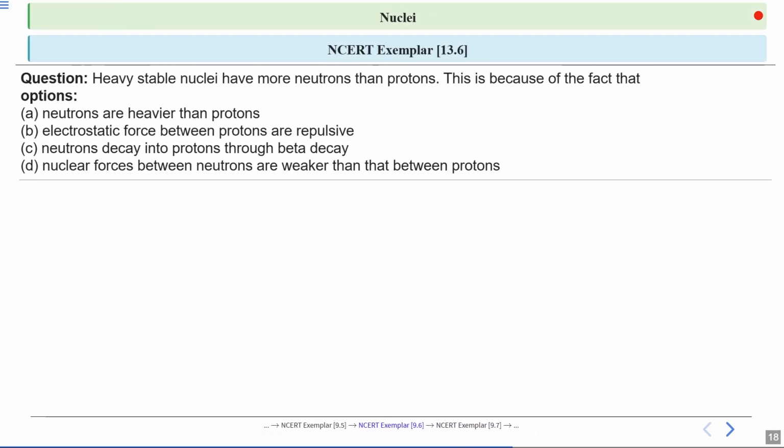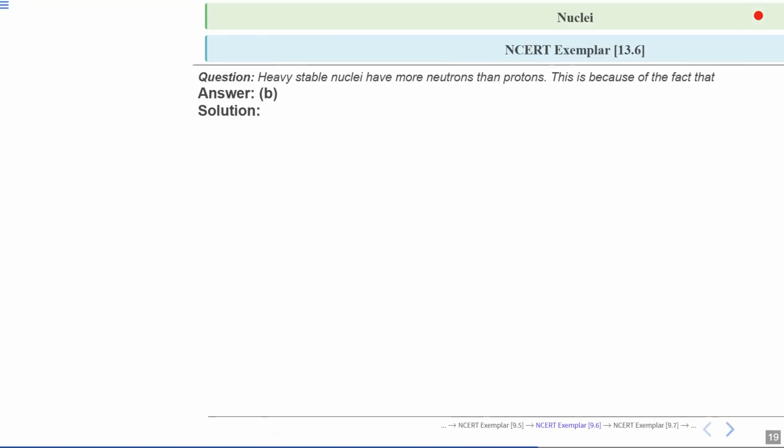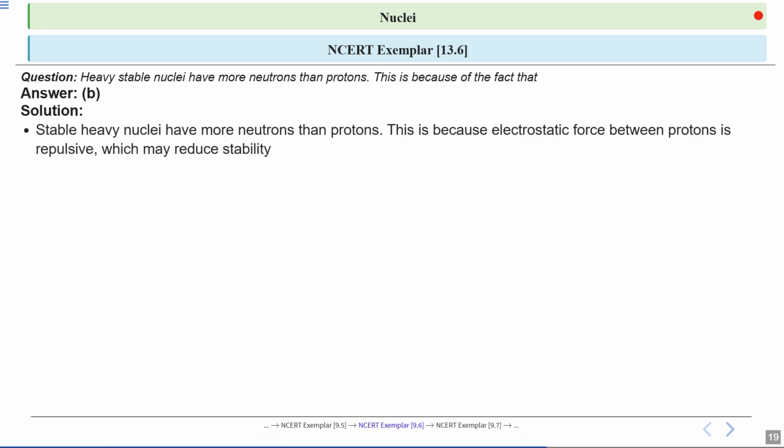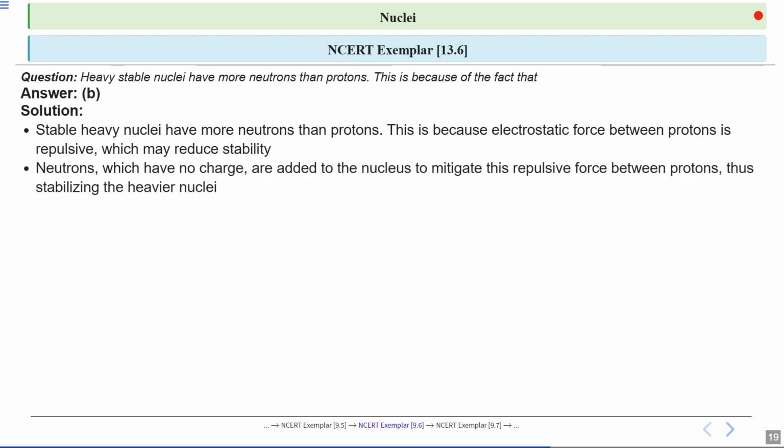Next, question exemplar 13.6. The question asks why heavy stable nuclei have more neutrons than protons. So 4 options are given, you have to choose the correct one. So option B is correct. In heavy nuclei, more neutrons than protons are needed to counteract repulsive electrostatic forces between protons, which may reduce the stability of the nucleus.